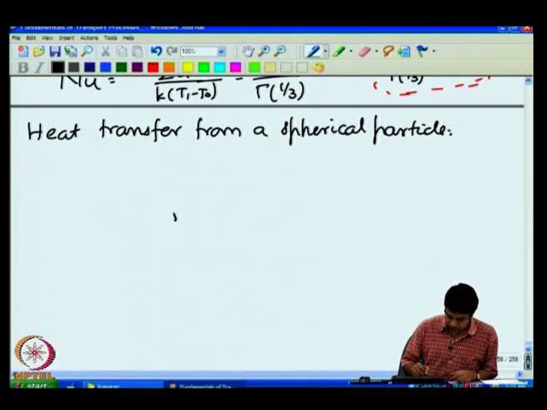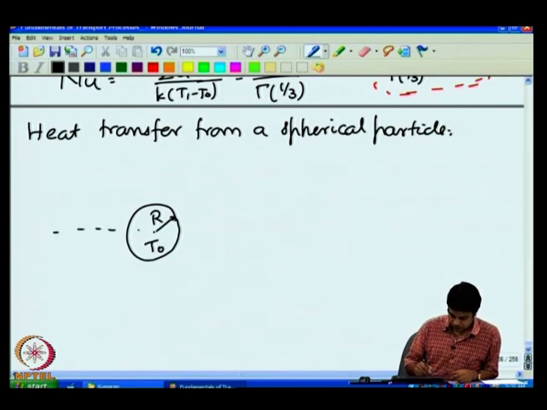So, we have a particle of radius R, which is at temperature T naught, and there is fluid flow around the particle.